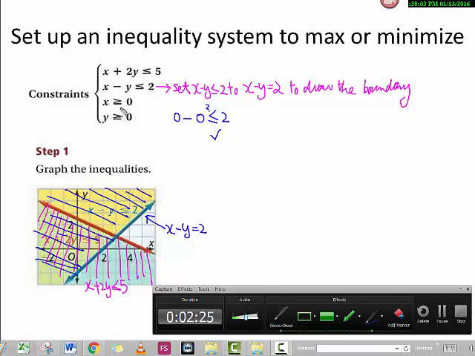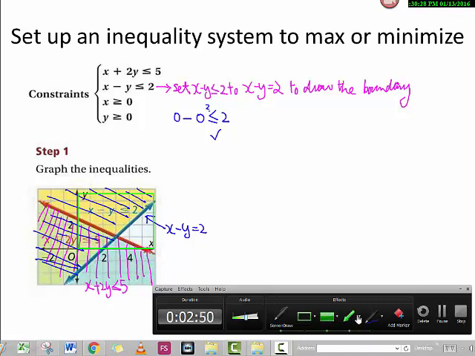x bigger than or equal to 0 and y bigger than or equal to 0 basically refer to this area. So the only region which covers every single thing, the green square, the blue line and the pink line, is only this area.